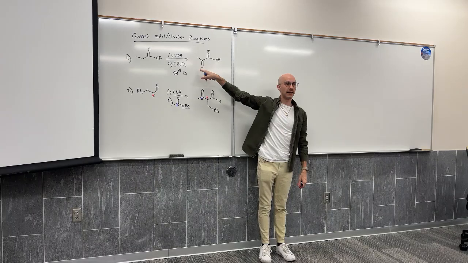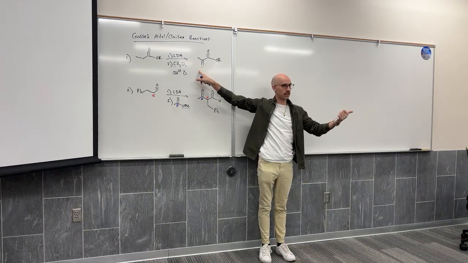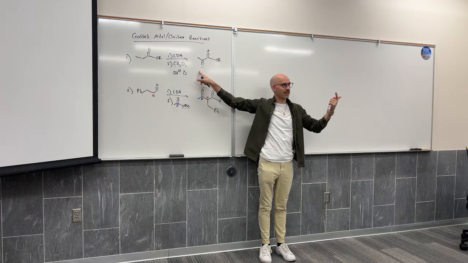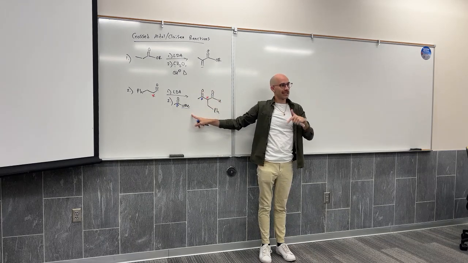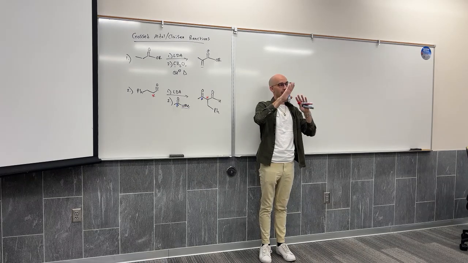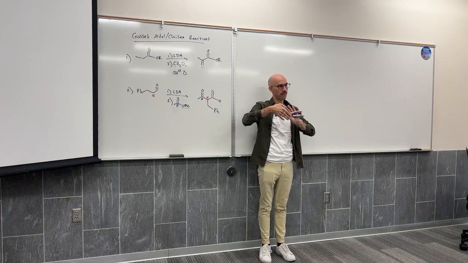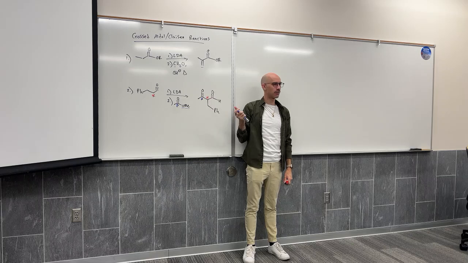In aldol reactions, we do acyl addition to give a beta hydroxycarbonyl. And then we do simple elimination. Well, not typical elimination, but a new type of elimination. And we get an alpha beta unsaturated, conjugated carbonyl. In our Claisen condensation reactions, we have that acyl addition step followed by the elimination that reforms the acyl group, the carbonyl, which means overall, what I'm doing at the beta carbon counts as what type of reaction?